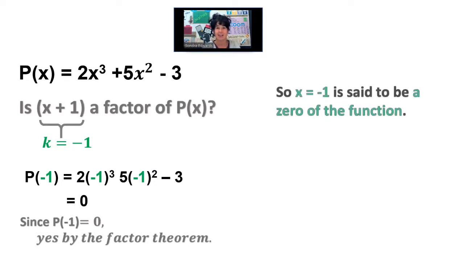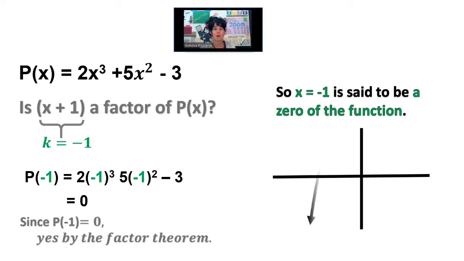Okay, then just a little side note here that I can't help but mention. That also means that at -1, if -1 is a 0 of the function, if I were to graph 2x cubed plus 5x squared minus 3, that also happens to be an x-intercept.